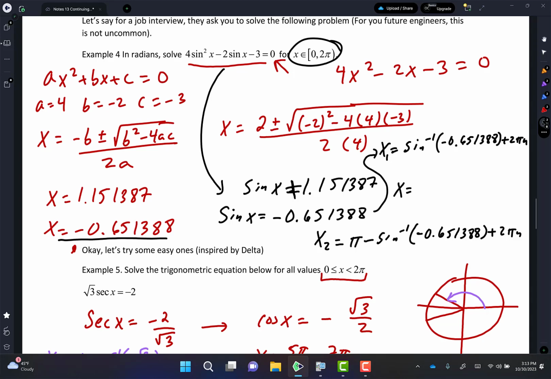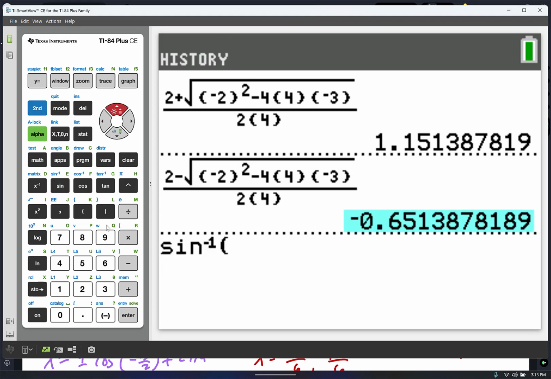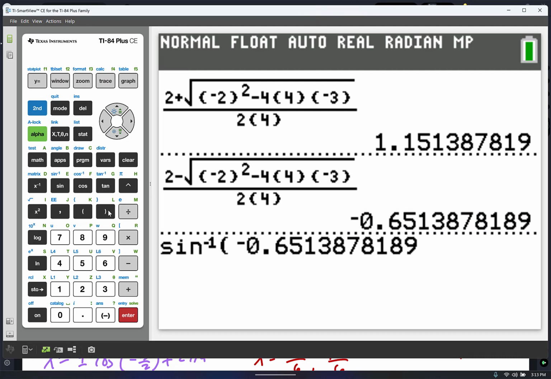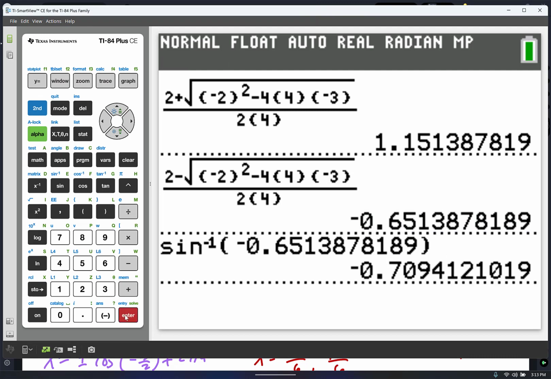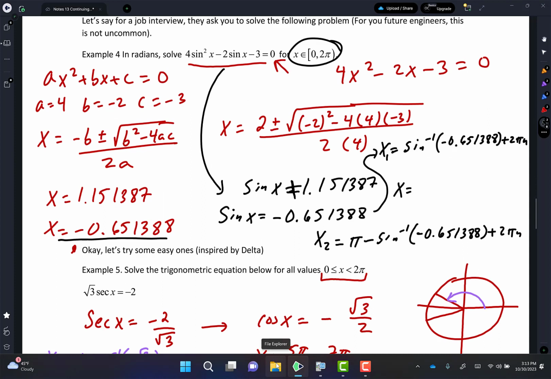x equals, let's see. I take my calculator, and I'm going to go arc sine first of this. I'm just going to scroll up and push enter. Negative 0.709. Okay, that's one answer plus 2 pi. Negative 0.709 plus 2 pi n. I'm going to add 2 pi in a little bit.